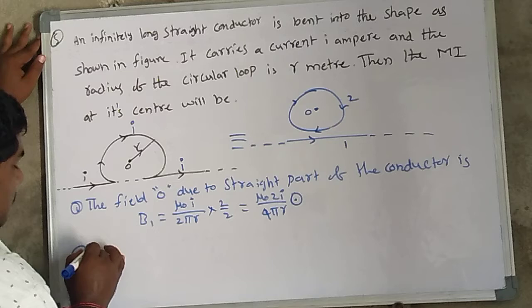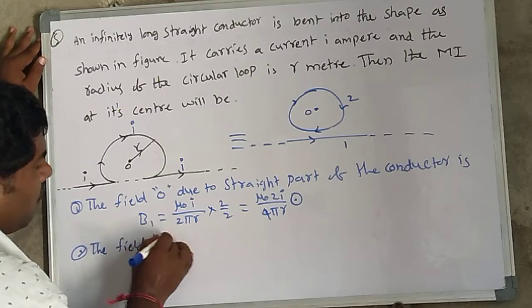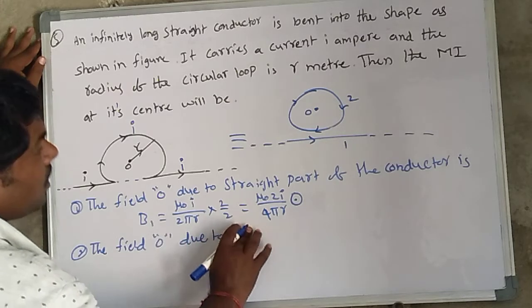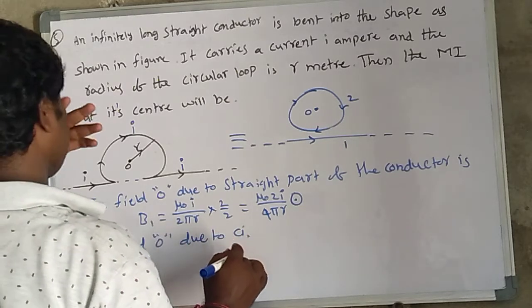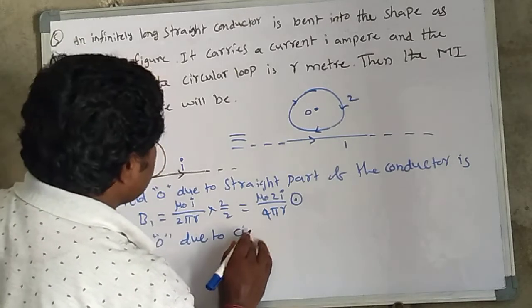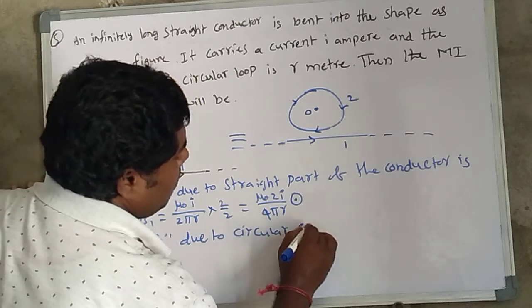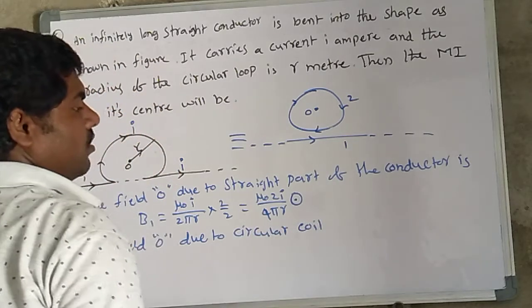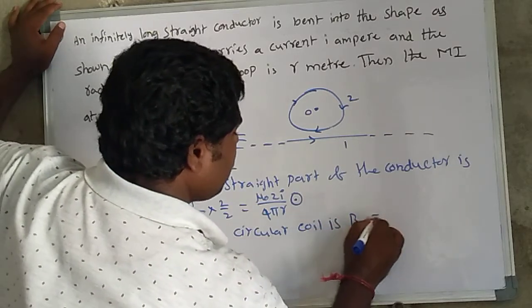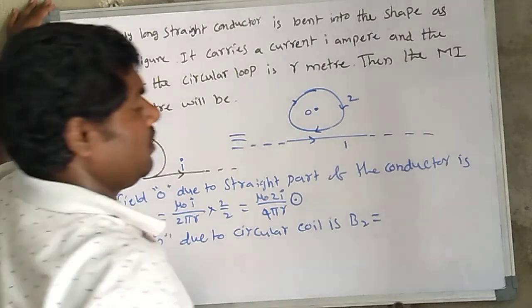So second one, the field at O due to circular coil is B2 is equal to circular coil, nothing but mu naught I divided by 2R.